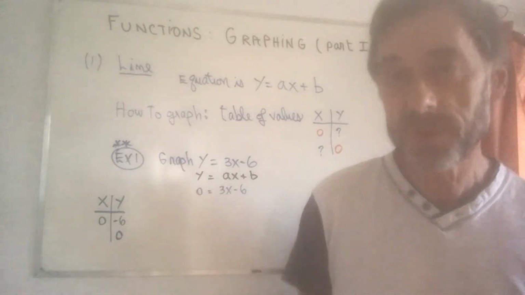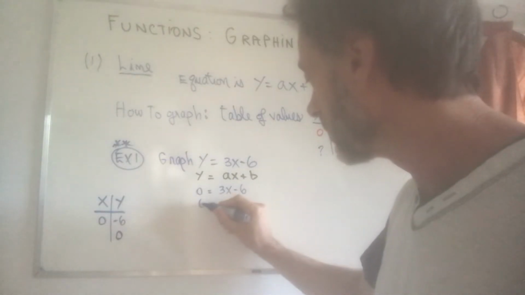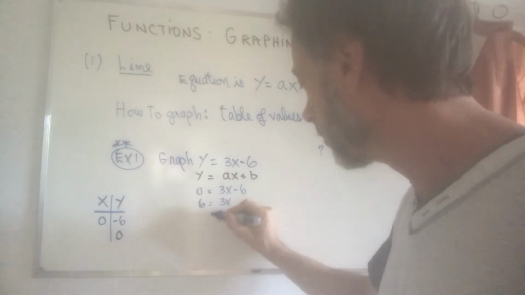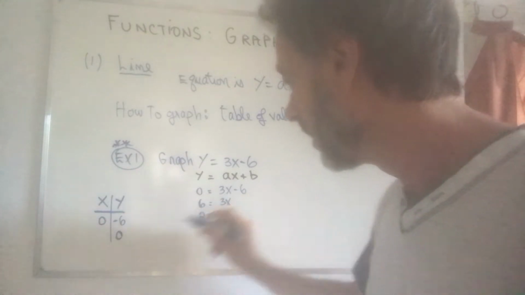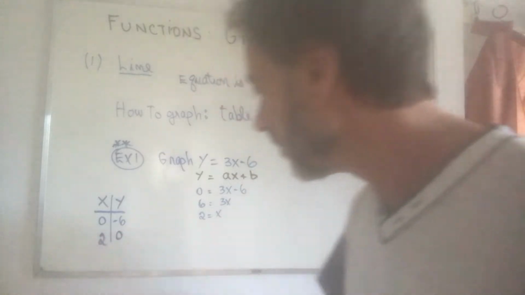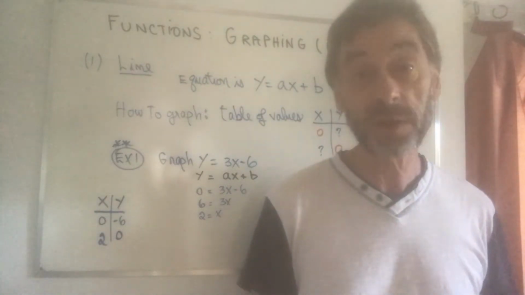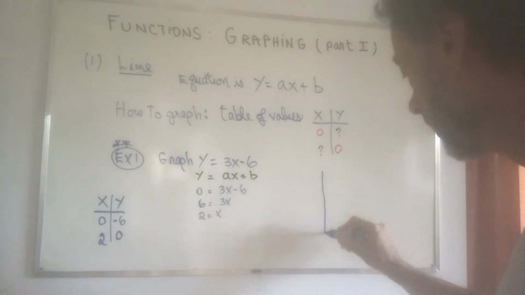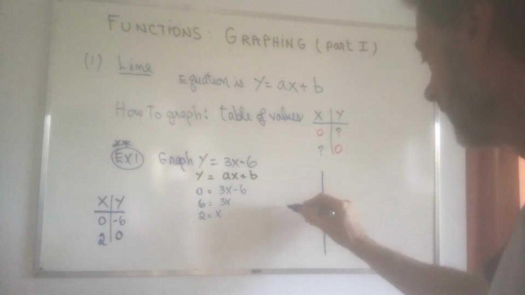Very easy equation to solve. Bring the 6 over, divide by 3. 6 over 3 is 2. And you have here the x-intercept. Just put those 2 points in the Cartesian plane, and you're done.